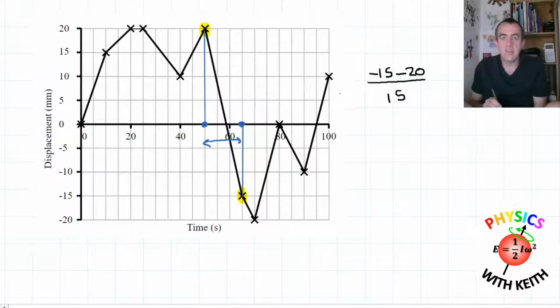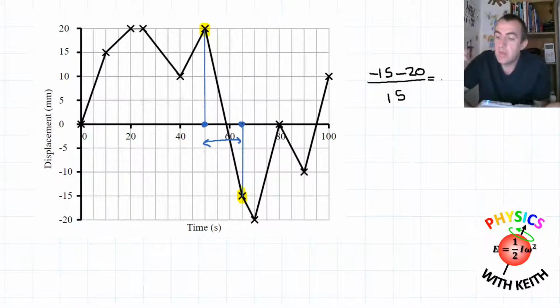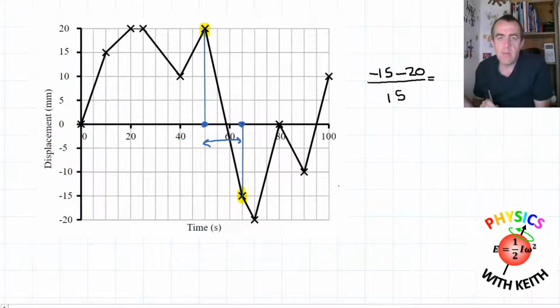That is a gradient. So let's plug that into our calculator. Minus 15 minus 20 is minus 35, divided by 15, and we get, is that right? Yeah, it looks right, minus 2.3, and we're not going to call it recurring. We never do that in physics. We're going to write down minus 2.33.